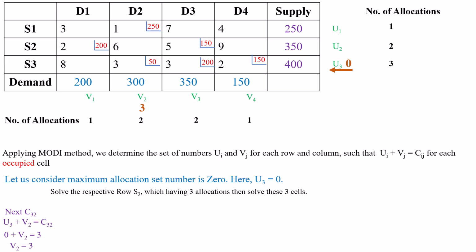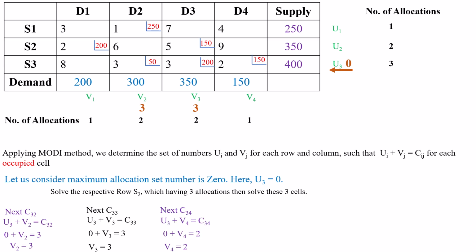Next we solve the third row and third column, that is C33. So C33 equal to U3 plus V3. We know C33 value is 3 and U3 value is 0, so V3 will become 3. Next, third row and fourth column, that is C34.